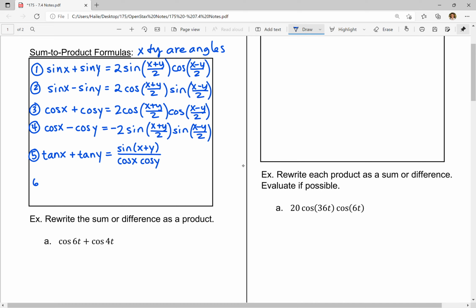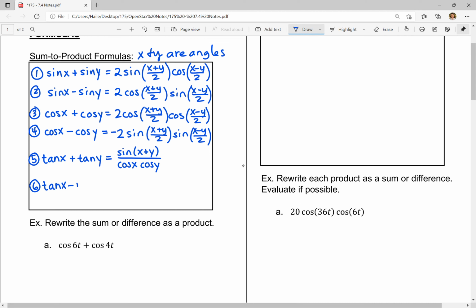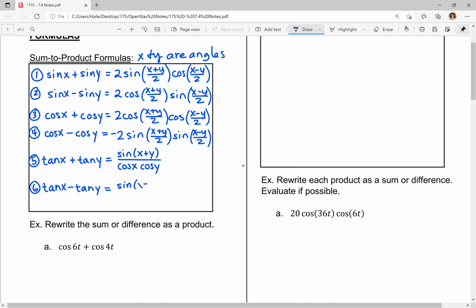And finally, if we have a difference of tangents, so if we have tan x minus tan y, that's going to be equal to sine of (x minus y) over cosine x cosine y. Okay, so those are our 6 sum to product formulas.